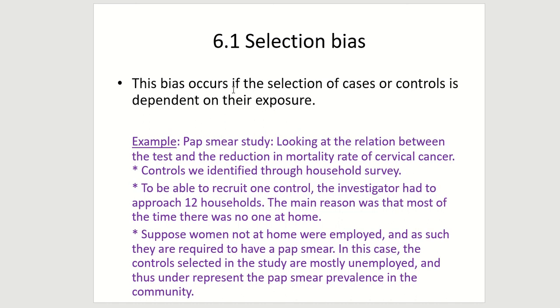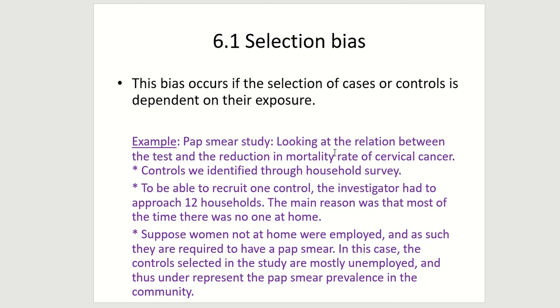So selection bias. This bias occurs if the selection of cases or controls is dependent on their exposure. The example comes from the pap smear study, looking at the relation between the test and the reduction in mortality rate of cervical cancer. Controls were identified through household survey. To be able to recruit one control, the investigator had to approach 12 households.